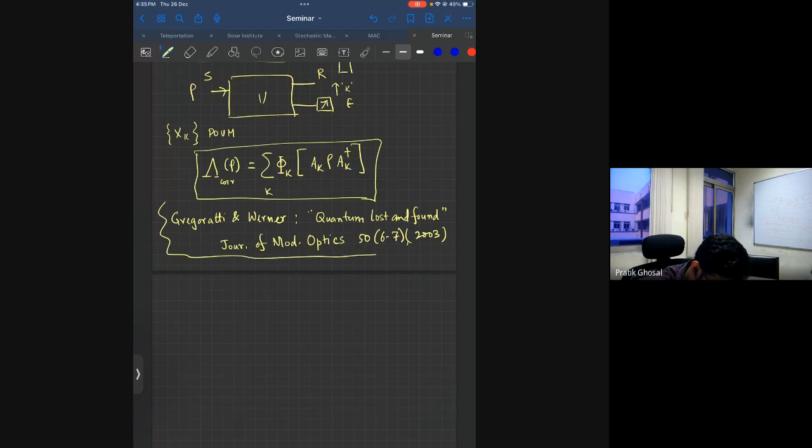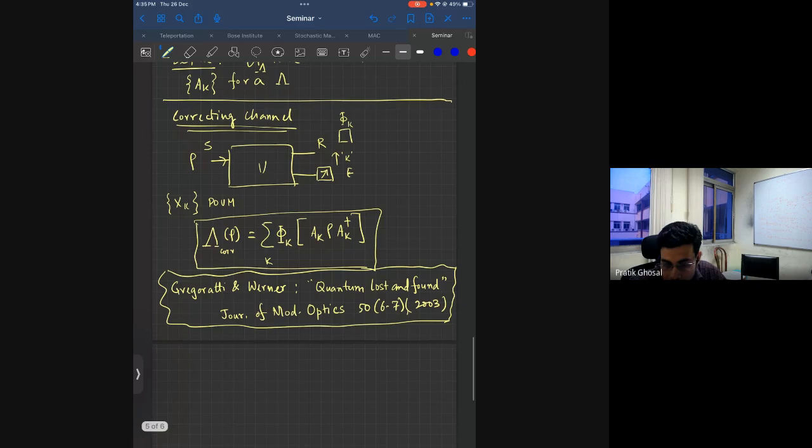In this reference, you will find this idea being described. So this is a corrected channel, and the intuitive picture is like that: the environment is being measured, the environment is accessible, and there is one-way classical communication from the environment to the receiving end, with the receiver applying this correction channel phi_k.